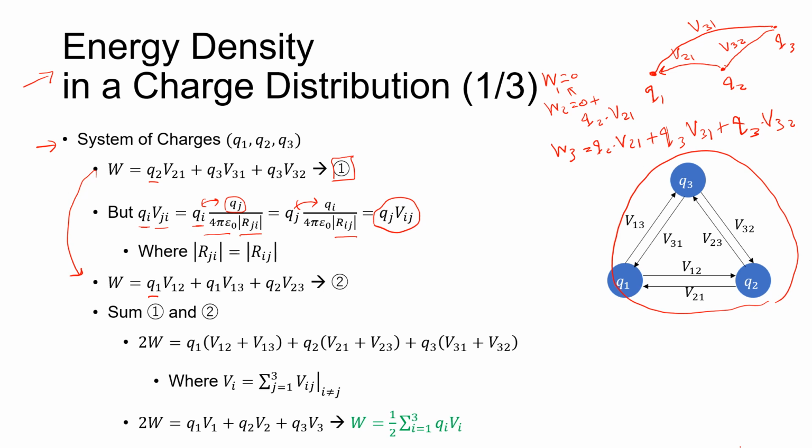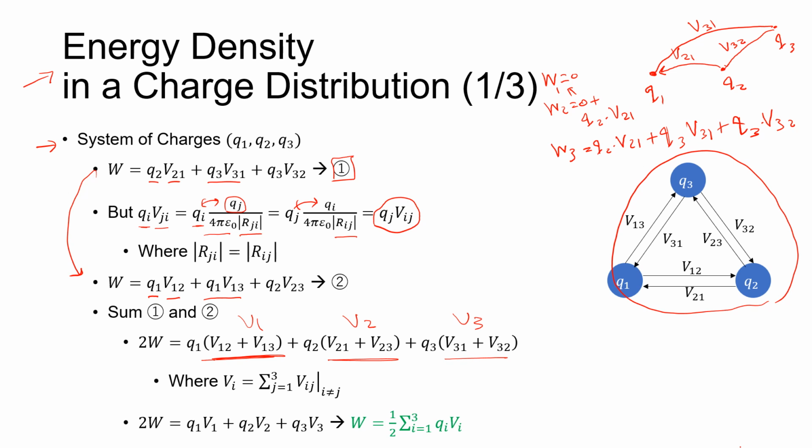If we use this, we can rewrite W in this form. Q2 V21 will become Q1 V12, Q3 V31 will be replaced by Q1 V13, and so on. And if we sum these two equations, we will find that 2W is equal to Q multiplied by something, and so on. In summary, you can rewrite these terms as V1, V2, V3.